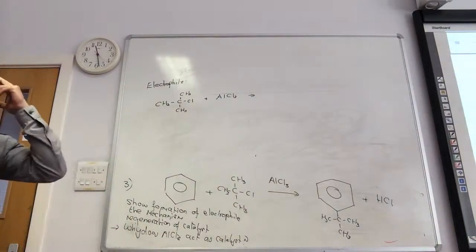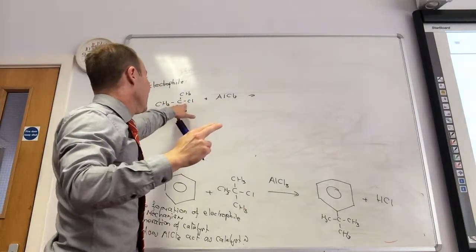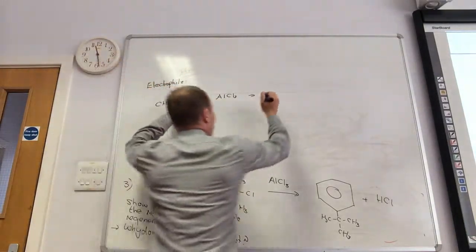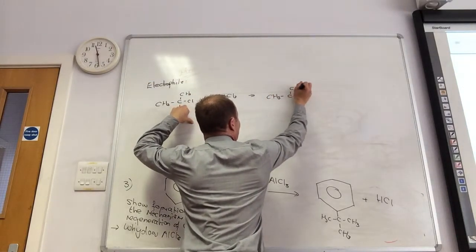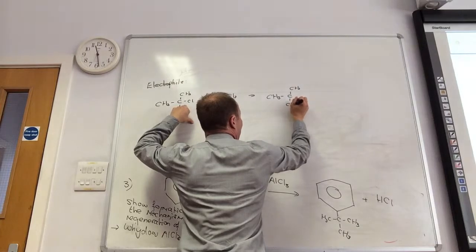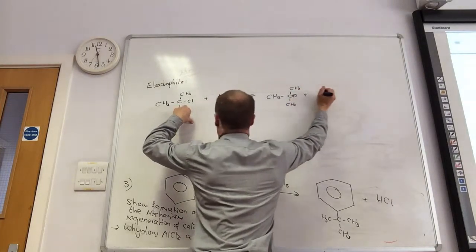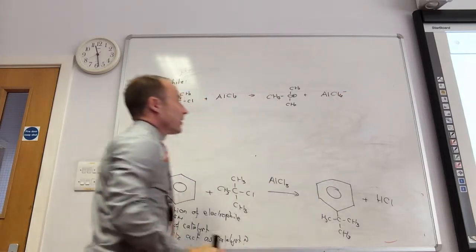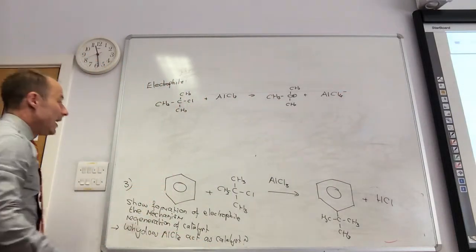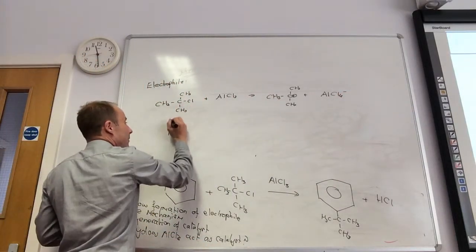From our previous mechanisms, it's going to break this bond. It's going to give me CH3C plus AlCl4 minus. Got my electrophile. Let's do the mechanism.